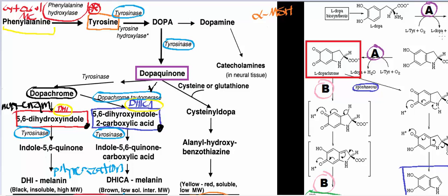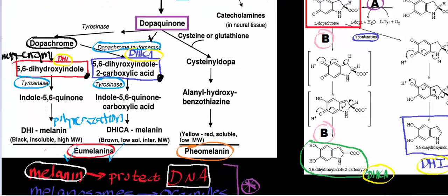Now, one thing I do want to mention, because it is of some importance, is that the more DHI you have, the blacker the tint of the skin will be. In other words, the darker it'll be. If you have more of the DHICA, that related monomer, inside your melanin, then it's more of a brownish tint, meaning it's a little bit lighter.